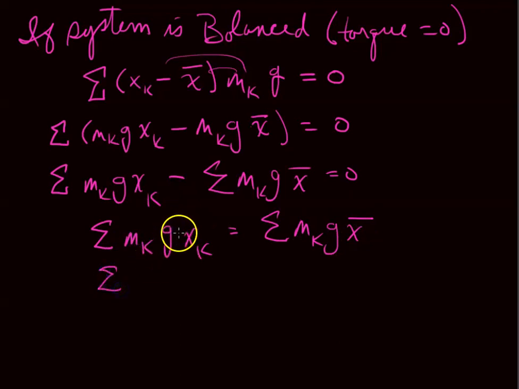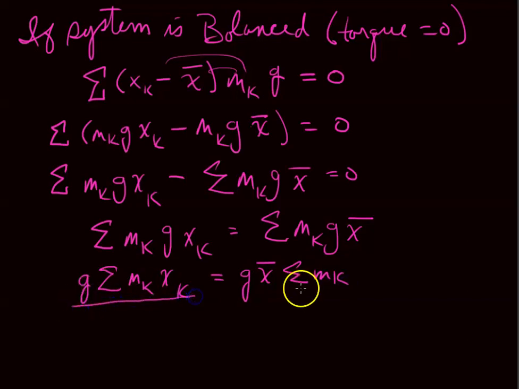I guess g is a constant too, but let's pull out the g's also. And we have, in this case, both these are not constants, the m sub k x sub k. And now we can pull out the g and the x bar because both of those are constants. And this is m sub k.